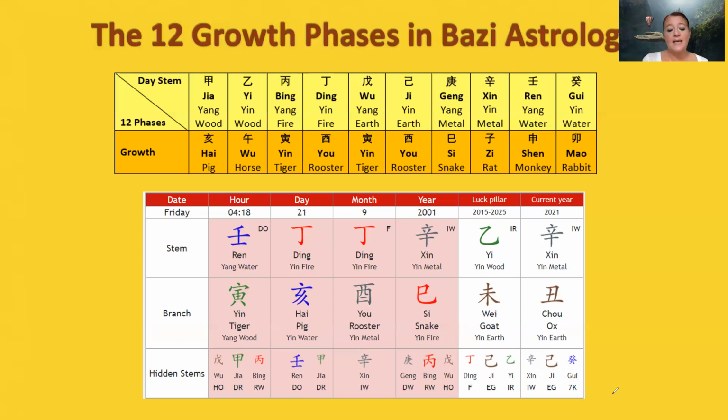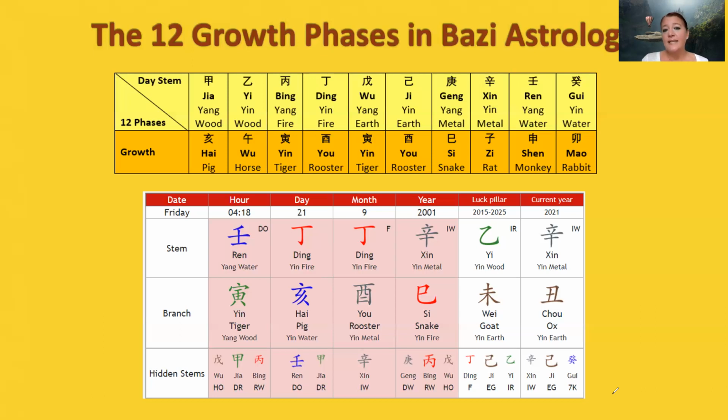And if it happens to be in the hour, then you likely have very good relationships with your children if you do have children. If you don't have children, then with your subordinates, with your employees, you tend to have fairly amicable relationships. It could also indicate that the dreams and ambitions that you set for yourself come true.